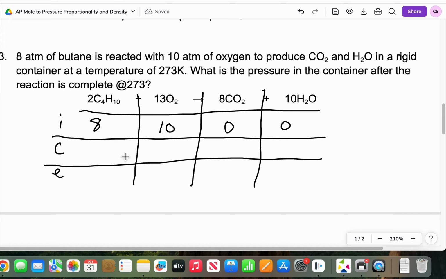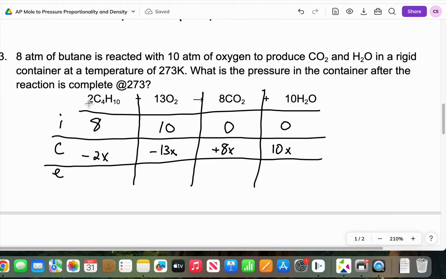Well, this is going to go down by 2x. This is going to go down by 13x. This is going to go up by 8x. This is going to go up by 10x. Now, this one's a little bit harder: you've got to figure out which one of these is going to be used up first.